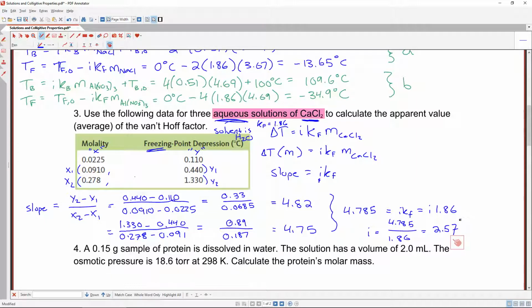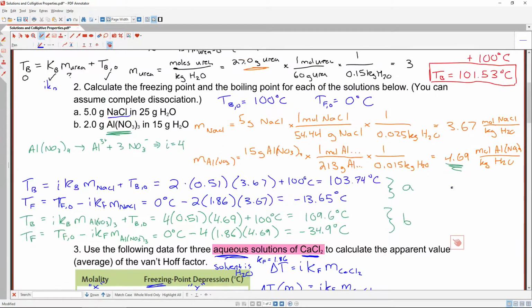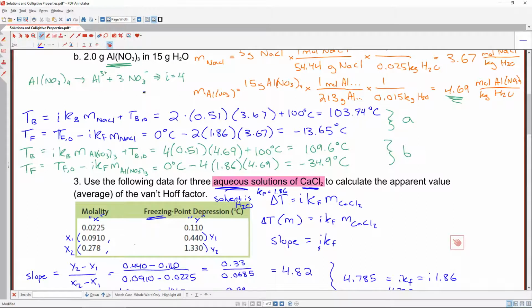And this is real experimental data, right? So beforehand in the previous problem, it very appropriately said that you can assume complete dissociation, right? So all of the sodium chloride ion pairs, I was going to say molecules, but they're not molecules, split up, every single one of them. The van 't Hoff factor was 2. But here, this is real data, right?